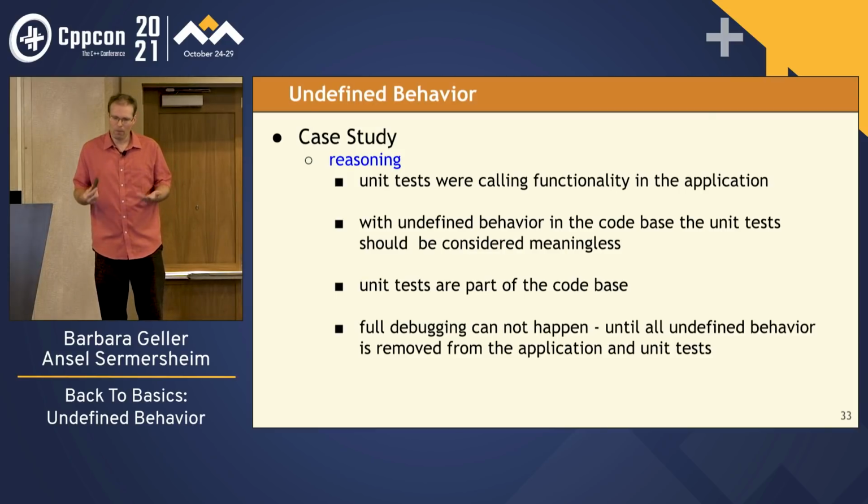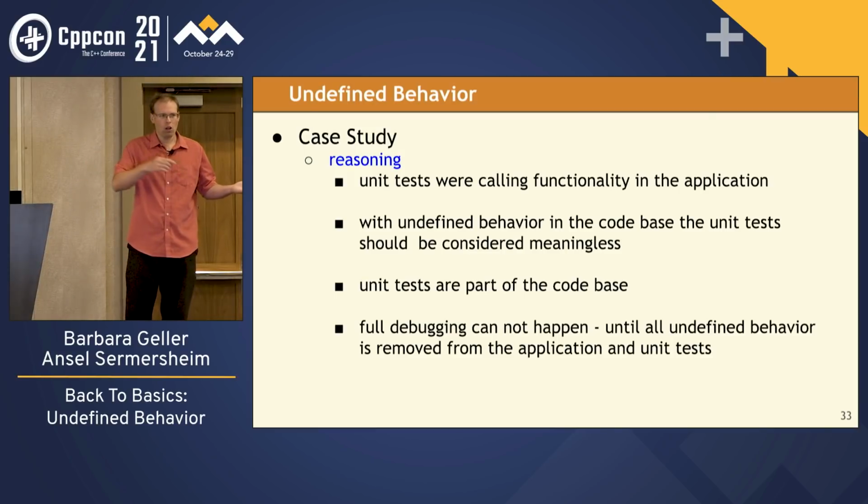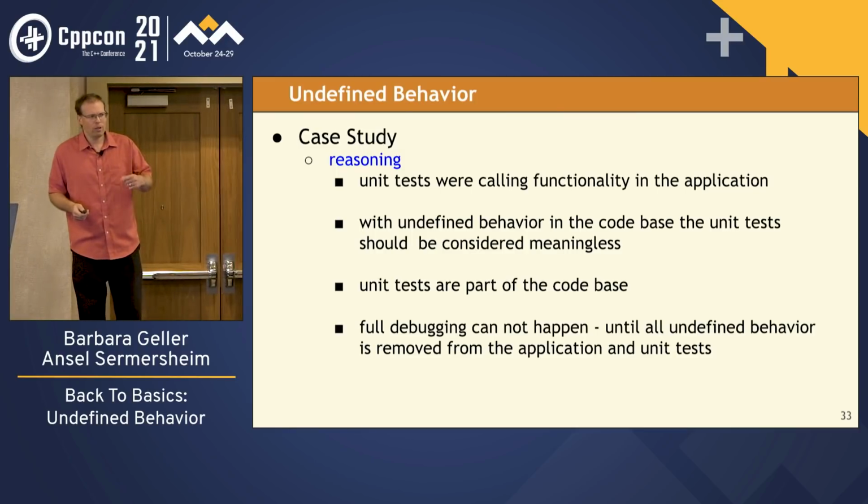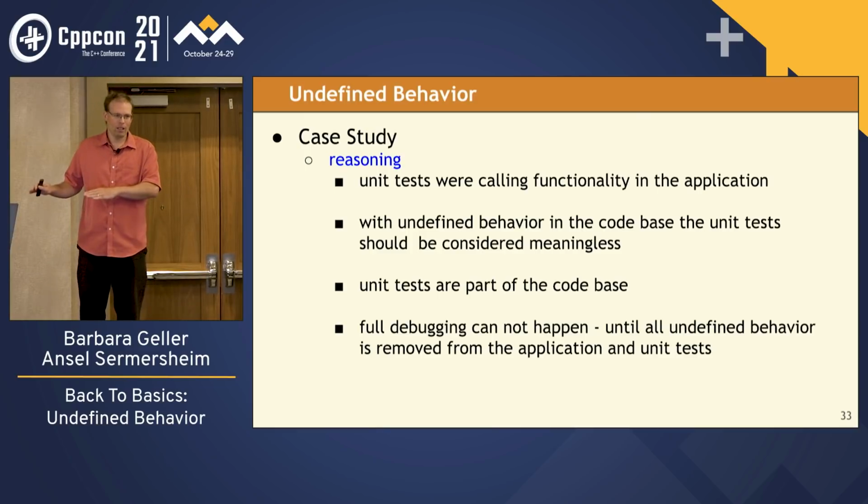And the reason this happens is because unit tests are calling your application. If your application has undefined behavior, the unit tests just don't mean anything anymore. So since your unit tests are part of your code base, you can't really debug your entire application until you've gotten rid of all undefined behavior from your application and your full unit test suite.